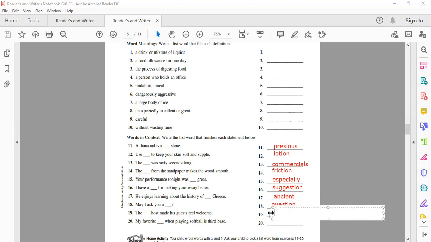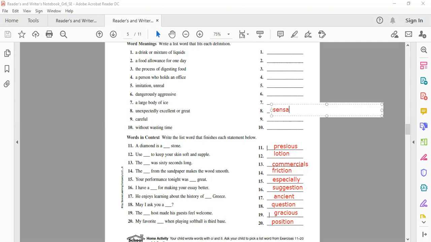Excellent. And number 20, my favorite position when playing softball is third base. Position. And there's something here in number 8. I'm sorry, it's not gracious, it's sensational. Okay.